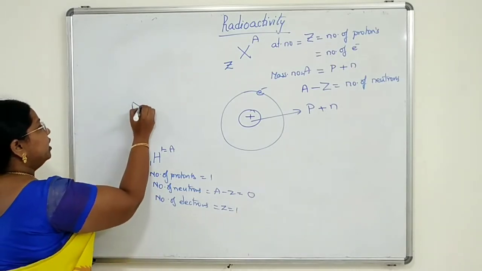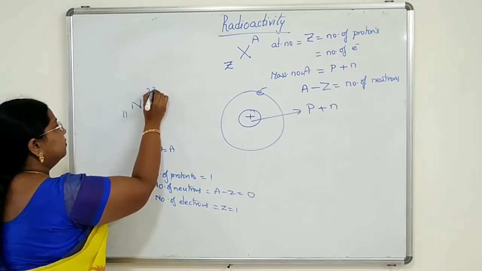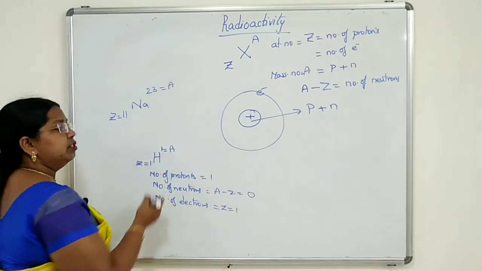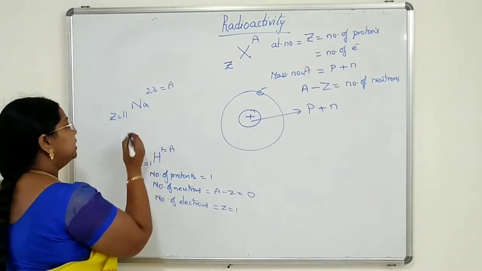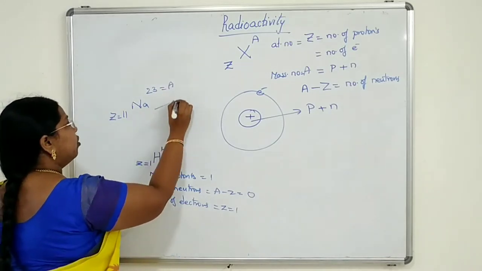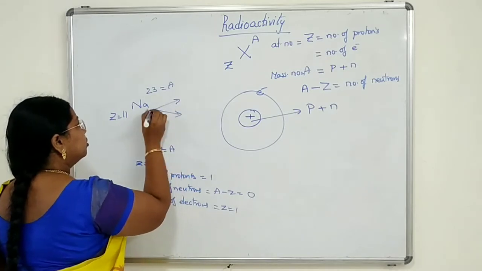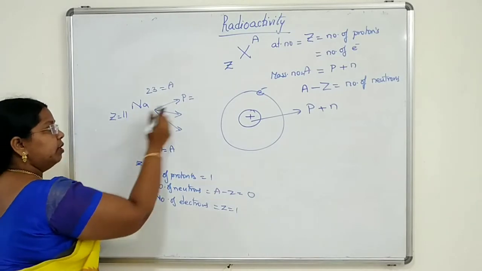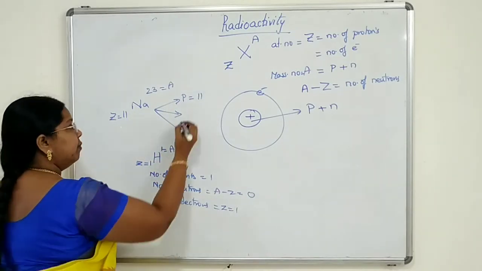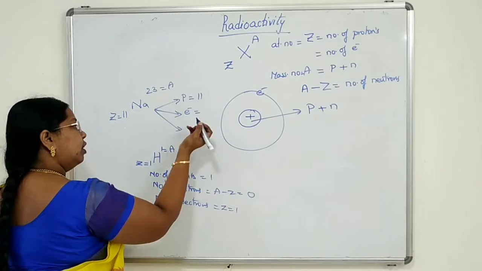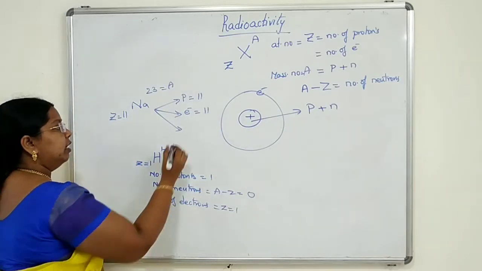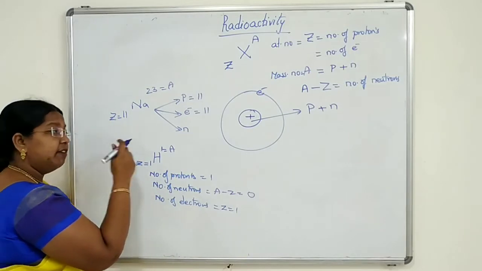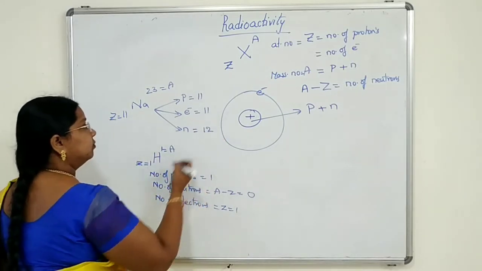Let us take one more example, Na 11, 23. Atomic number is 11, mass number is 23. So listen now students, number of electrons, number of protons, number of neutrons. Protons is equal to atomic number 11. Number of electrons is equal to atomic number 11. Number of neutrons, A minus Z, 23 minus 11, 12.